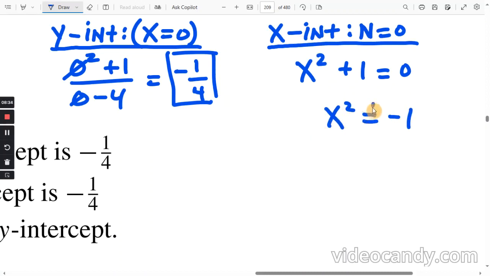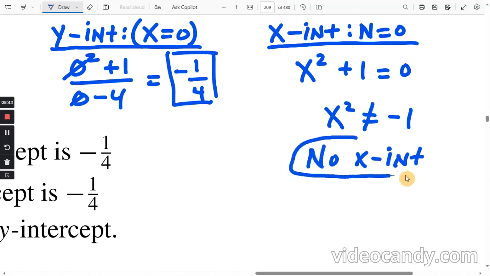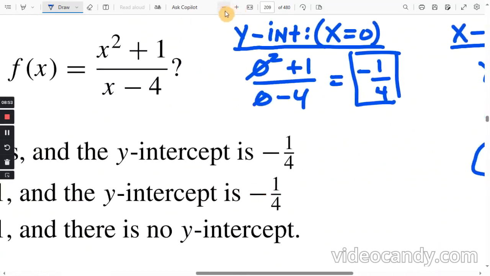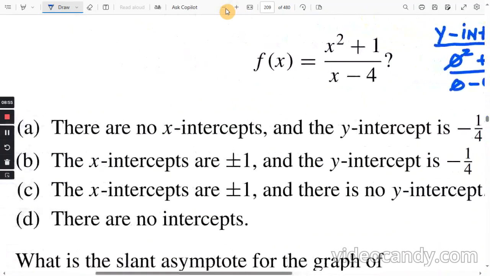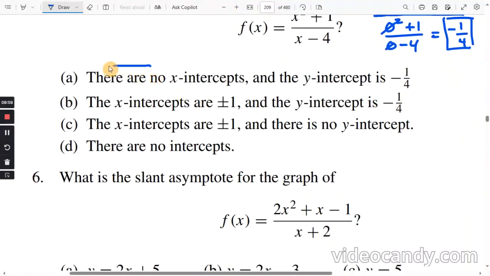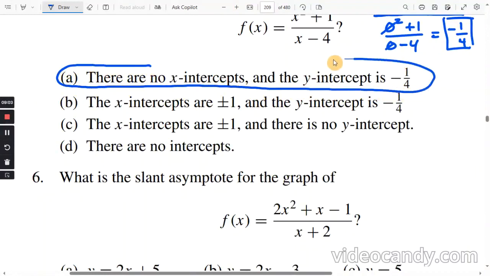So since there's no real solution, there is no x-intercept. All right, there's none, because this cannot be true for real numbers. All right, let's see. Answer A. There are no x-intercepts, and the y-intercept is negative 1/4.